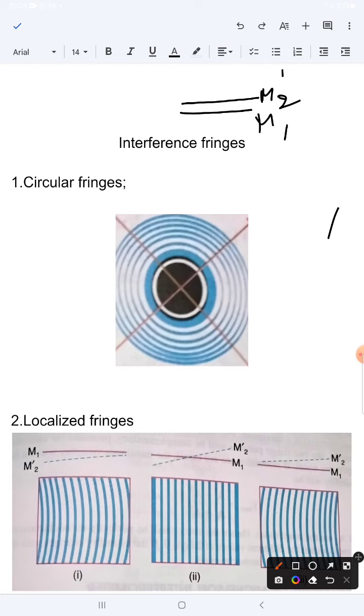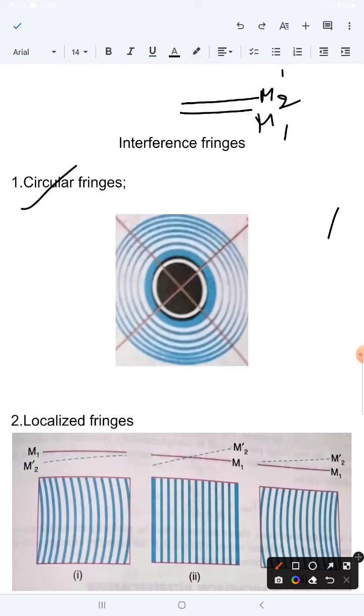So when the virtual image of M2 coincides with mirror M1, when observed through the traveling microscope, then the two mirrors are exactly perpendicular to each other, and we have this type of pattern which is circular fringes.